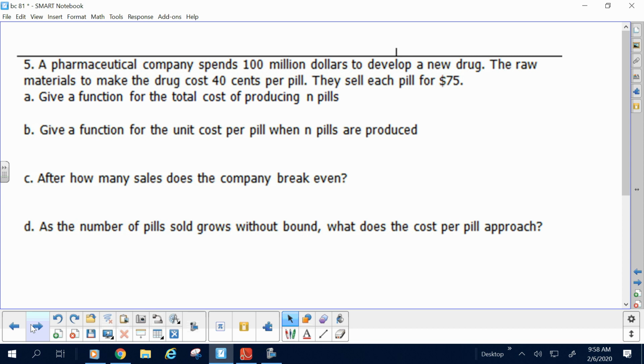Make an argument for charging $75. They didn't get the $100 million for free. They need to make their $100 million back. If they don't make their $100 million back, what happens to that company? There's no company anymore. Who's making the drugs then? No one.